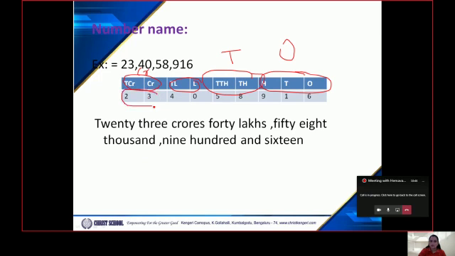So together it is 23 crores. 40 is there, 40 lakhs. Then 58,916. There are 4 periods. You have to read it like this: 23 crores, 40 lakhs, 58,916. So we learned how to read and write the number names of the given numbers in both systems.